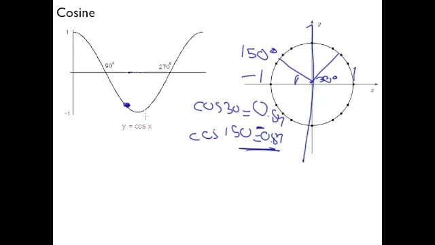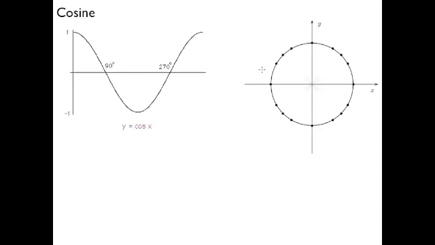Now, let's see if there are any more shortcuts. I think there's one more shortcut that's the same as the sine graph shortcut. So here, 60 degrees. Oh, yes, do you remember? Yes, you do remember. 30, 60, 90.